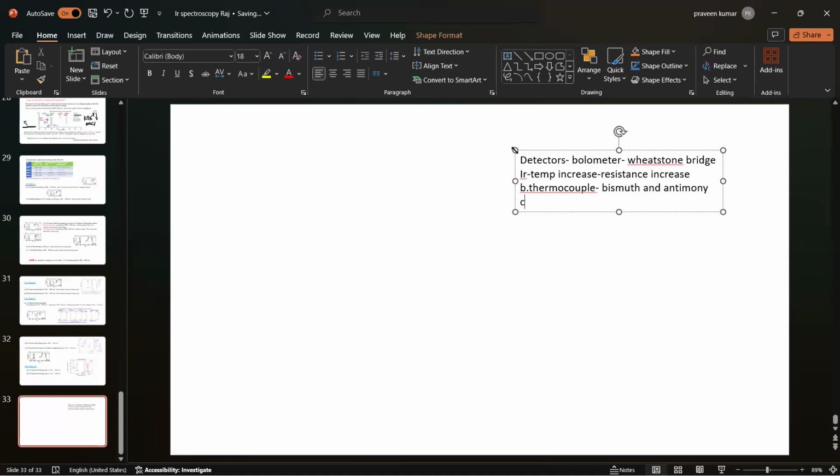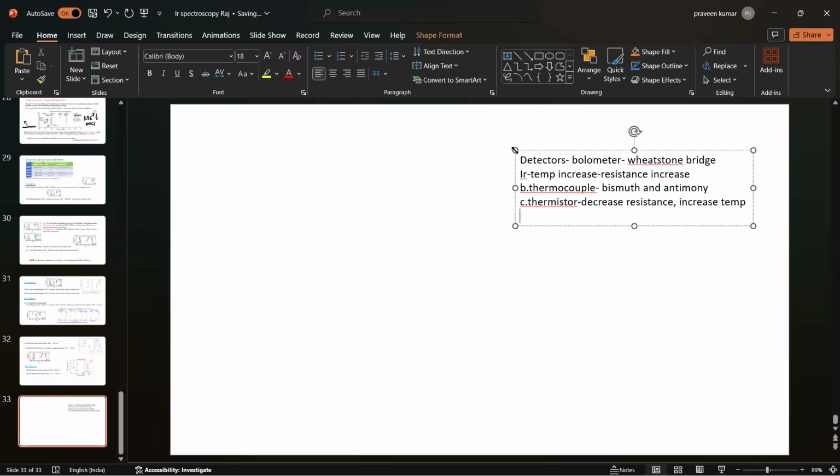The next detector is the thermistor, which is made up of fused metal oxide, and there is a decrease in resistance with an increase in temperature, the reverse of the bolometer.